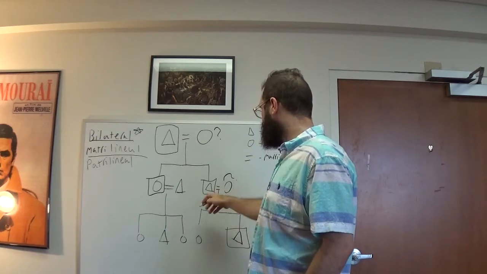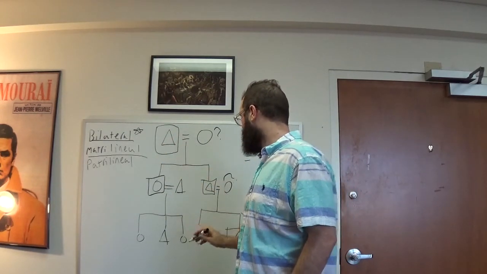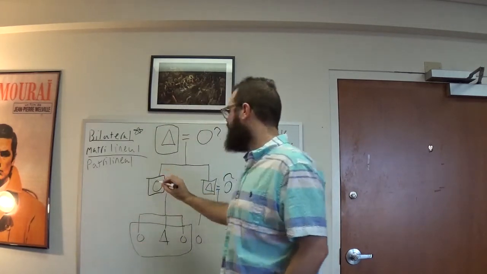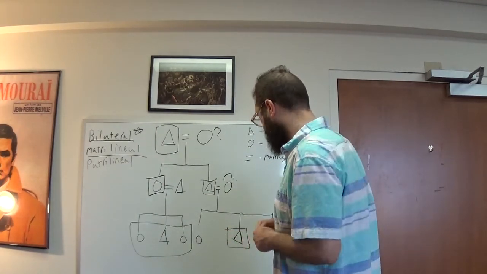So here we see once again a very different idea of who you are related to. You may not be related to your cousins if it's through a female part of the line.